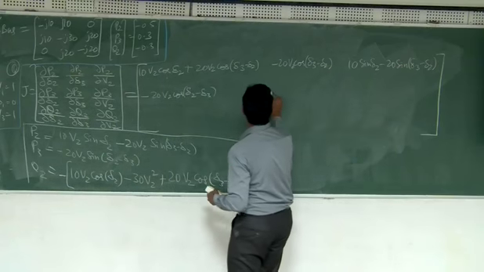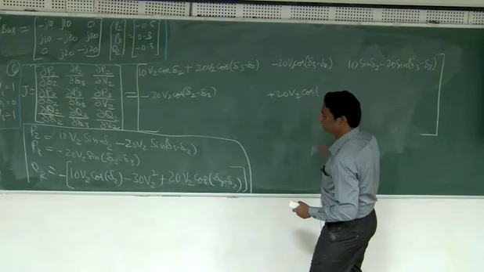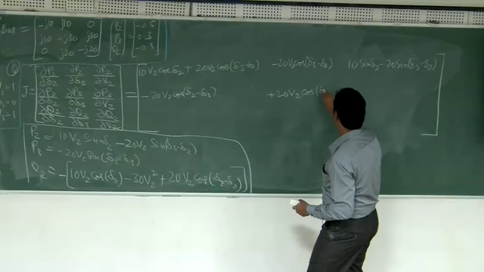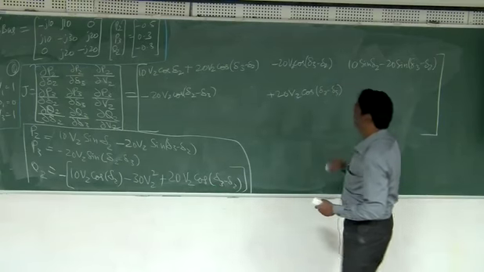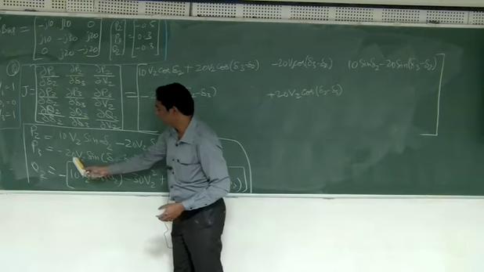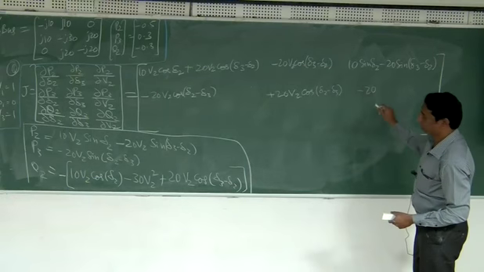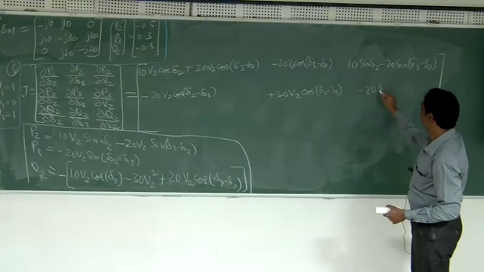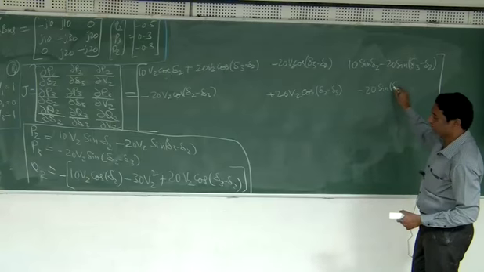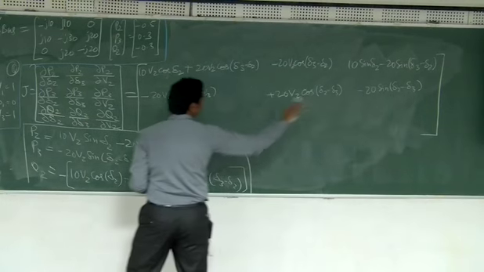This will be plus 20 V2 cos of delta 2 minus delta 3. And then differentiate this with V2. Just remove the V2 and write the rest of the thing. So it is minus 20 sin of delta 2 minus delta 3. So this is my second row.